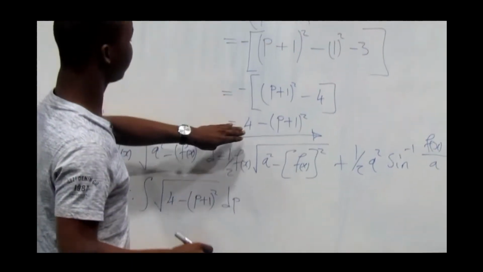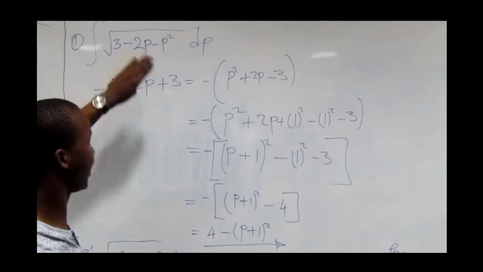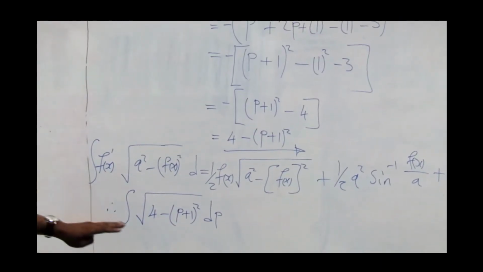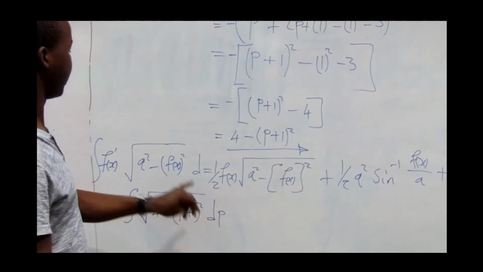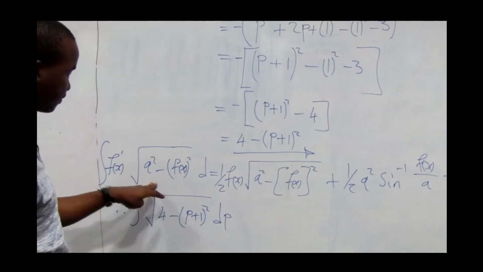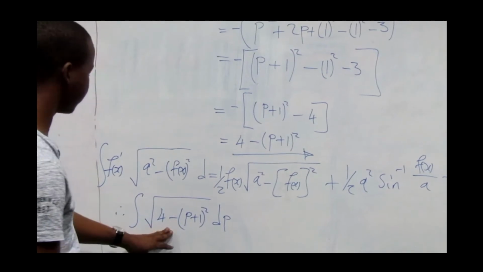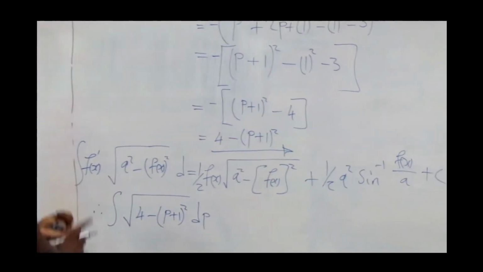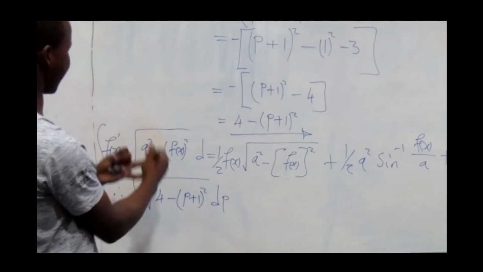After completing the square, you substitute it accordingly into the given equation. Then from there on, in this general formula we have f of x and a, so we need to determine f of x and we need to determine a.